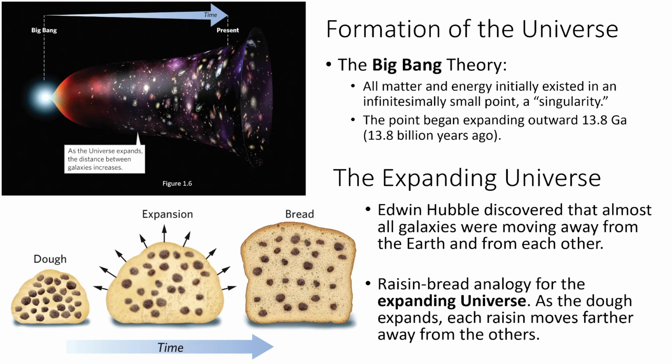The raisin bread analogy shows us that as the dough expands, if you were to cook a piece of bread, for example, each raisin moves further away from one another as the cooking process takes place, or as time passes. So this is an easy analogy for us to think of in the expanding universe.